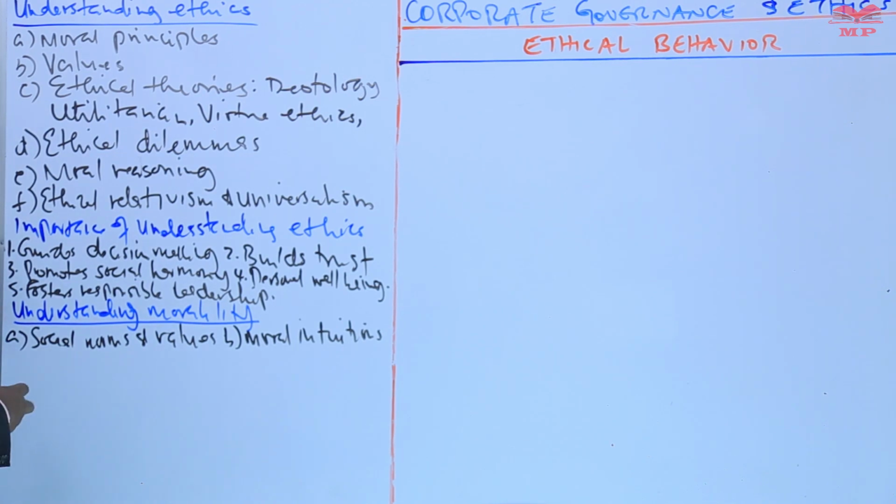Then three, we have moral development. Moral development is the process through which individuals acquire and refine their moral reasoning and decision-making skills.